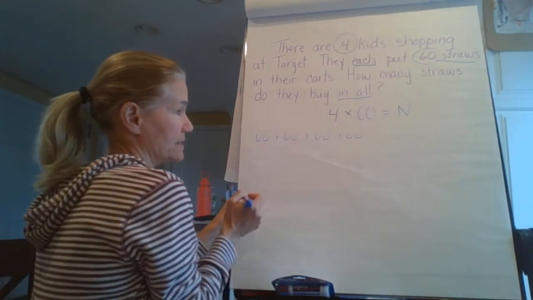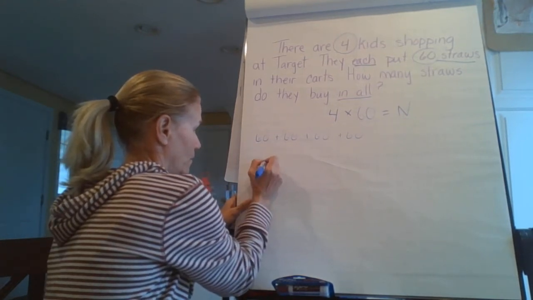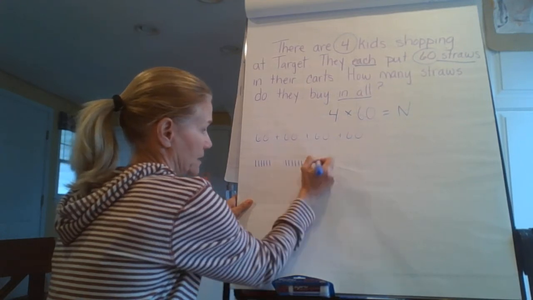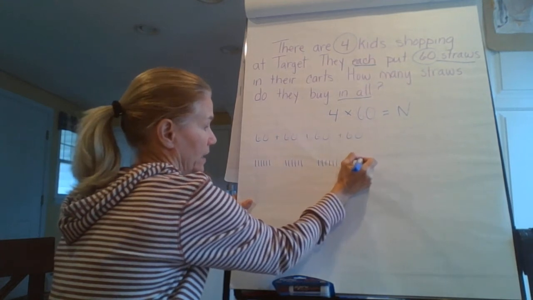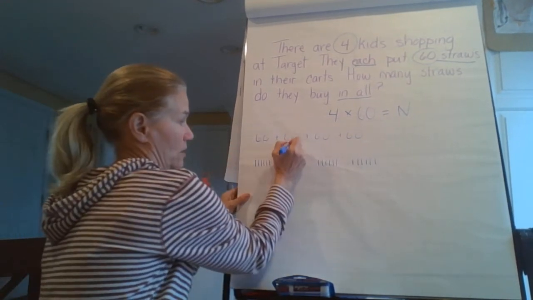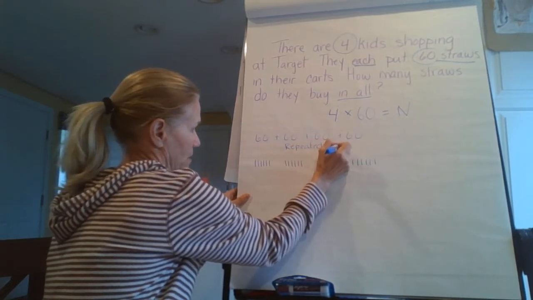I can use my base 10 blocks, and I can say 10, 20, 30, 40, 50, 60, 10, 20, 30, 40, 50, 60, 10, 20, 30, 40, 50, 60, and 10, 20, 30, 40, 50, 60.